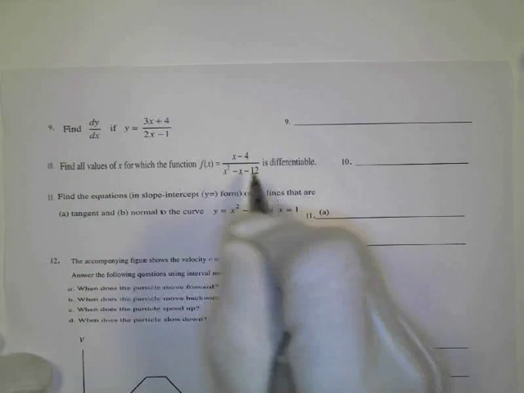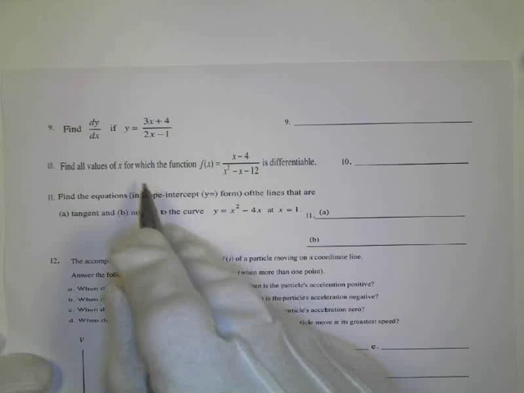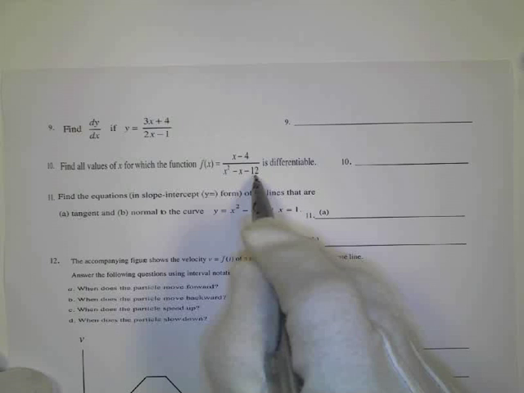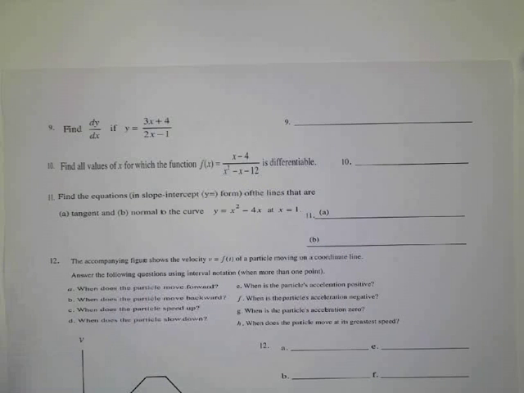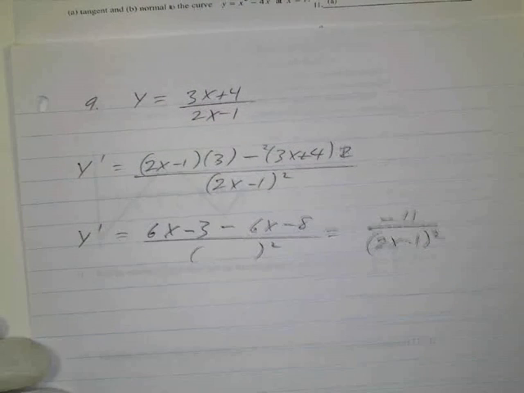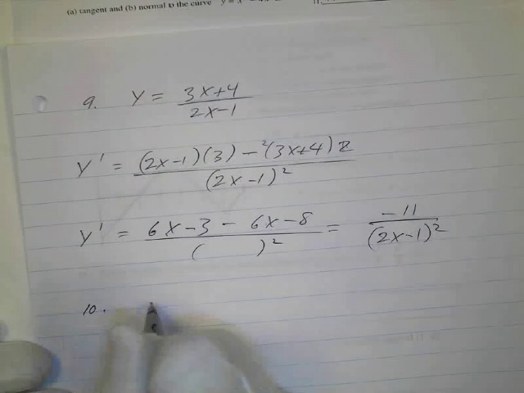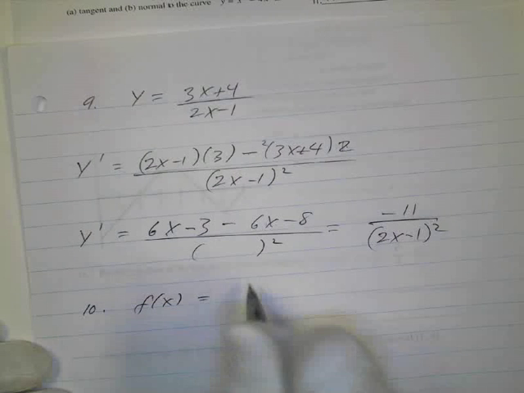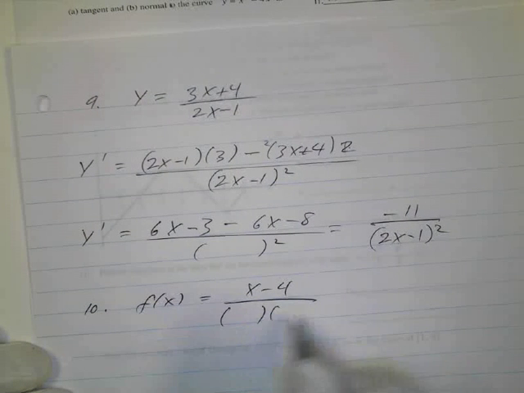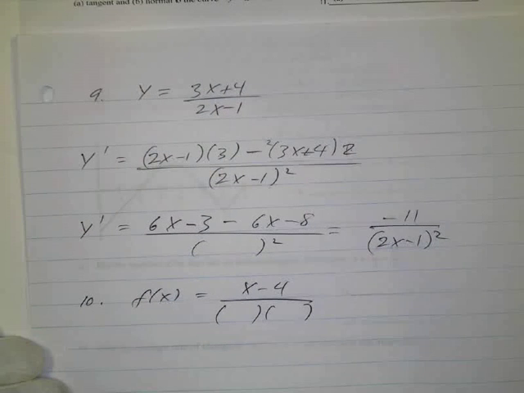And number 10. Find the values for which the function f of x equals x minus 4 over x squared minus x minus 12 is differentiable. I can factor the bottom, so I can look for any vertical asymptotes.